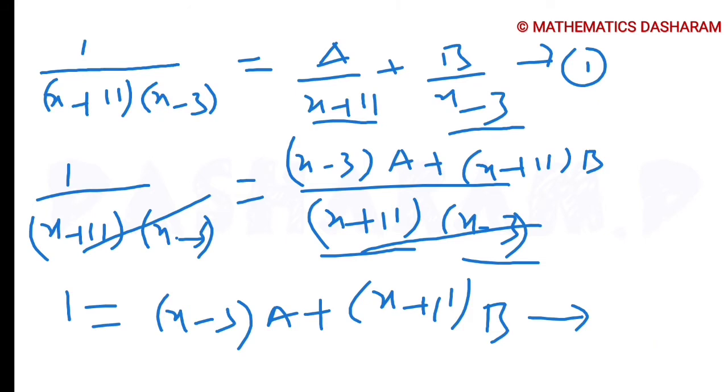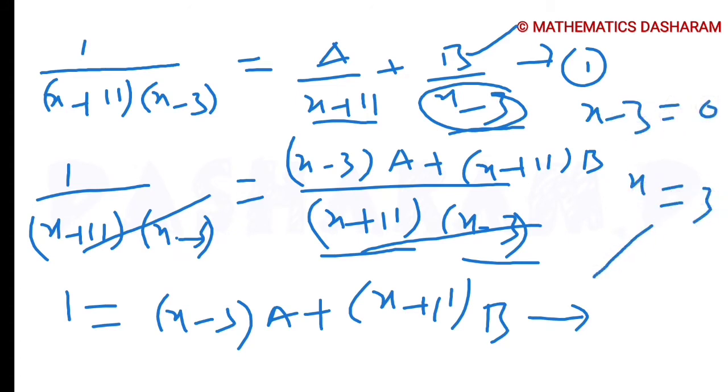Next, to get the b value, its denominator is x minus 3. So x minus 3 equals 0, then x equals 3. Substitute x equals 3 in equation 2, then you will get the b value.